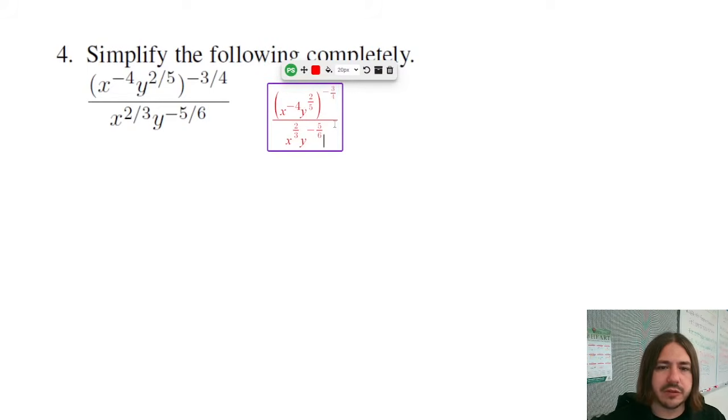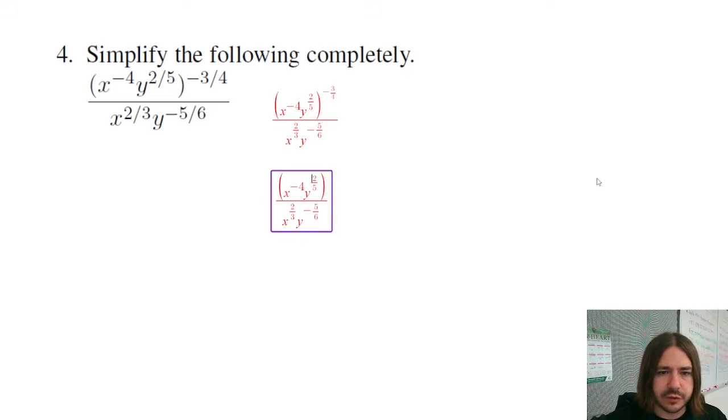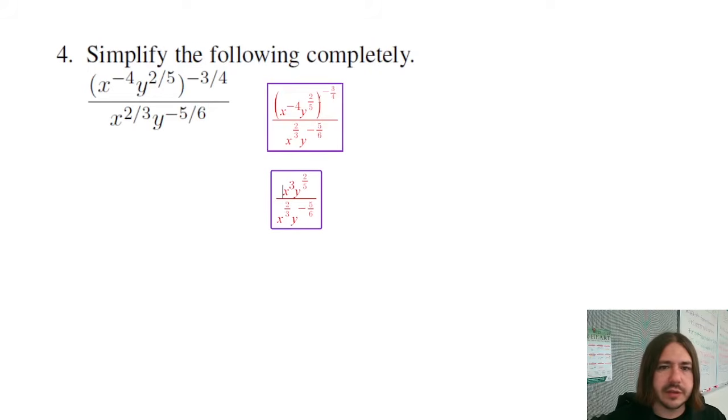So we've got negative 4 times negative 3/4, which is going to be positive 3. So this will be x to the power of 3. And then we've got 2/5 times negative 3/4, which would be negative 3/10. That would be 6 over 20, which would reduce to 3 over 10.